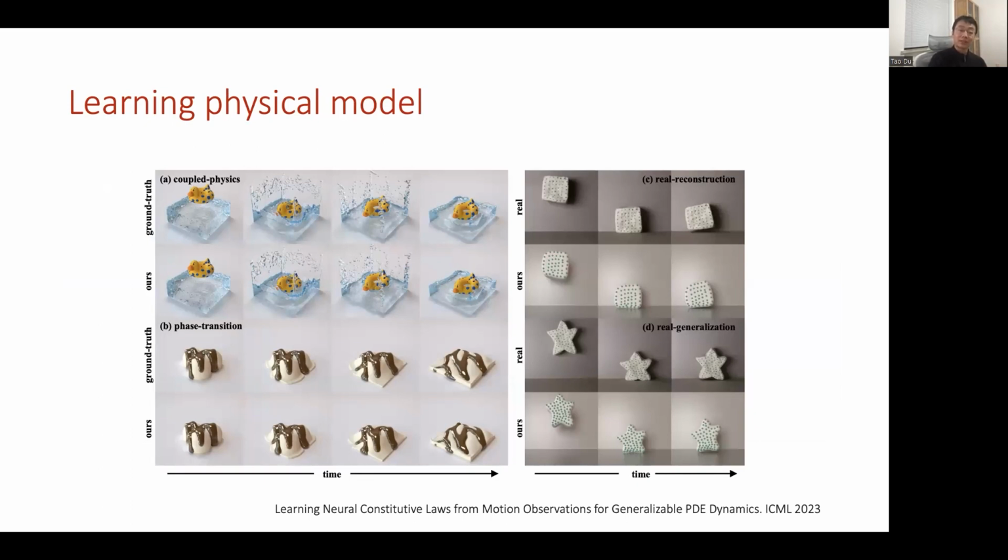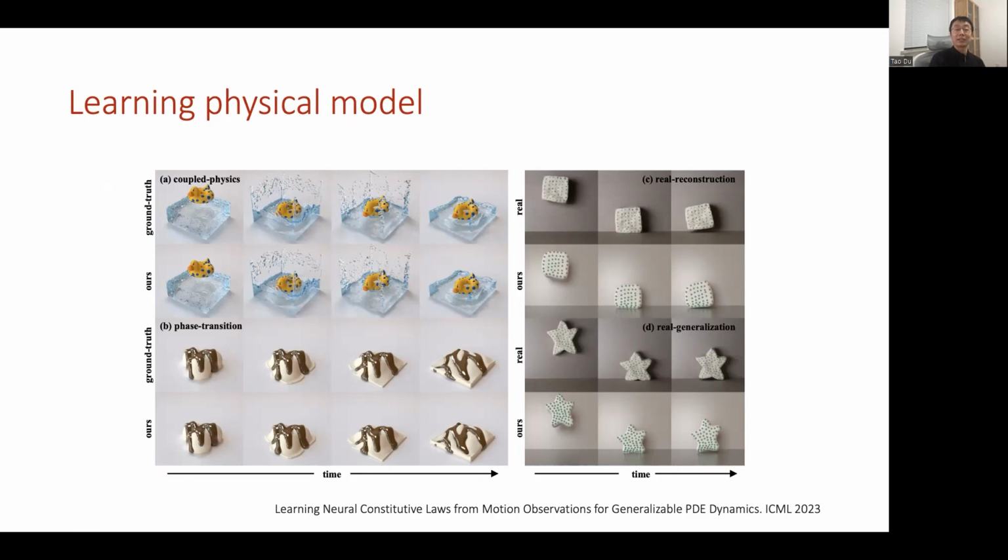The picture here shows the generalizability of our approach. As you can see, we were able to handle fluids and deformable solids, and by learning from the input video, we are able to reconstruct the motion faithfully, but without prior knowledge of the material model.